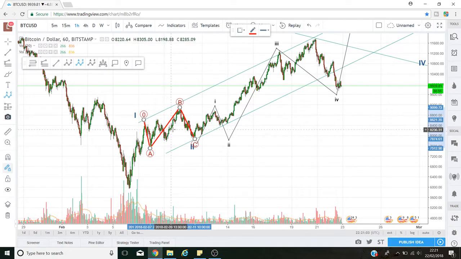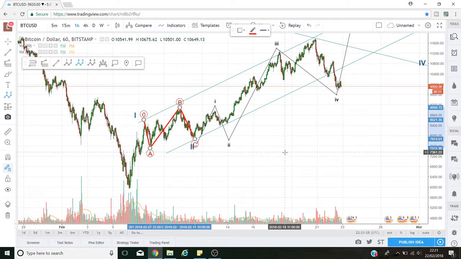So the B wave, as you can see, was actually an A, B, C pattern in itself, and you can see in the C leg there's 5 waves down, 1, 2, 3, 4, 5, finished. It's overlapping the waves there. Wave 4 overlaps with wave 1, or just about overlaps, which means it's a diagonal, which is very common for a wave C.